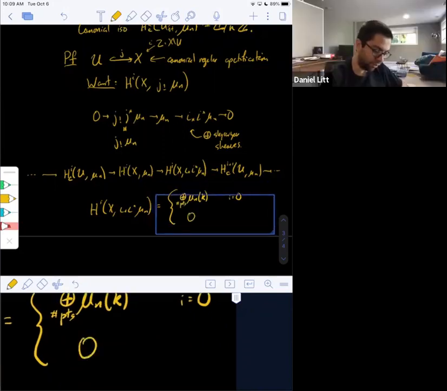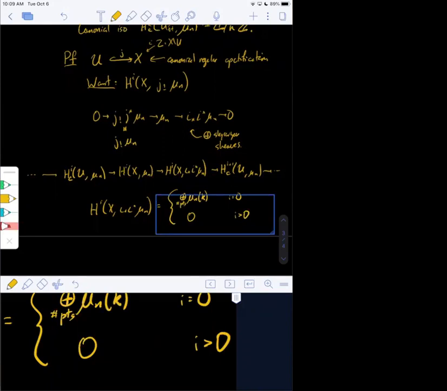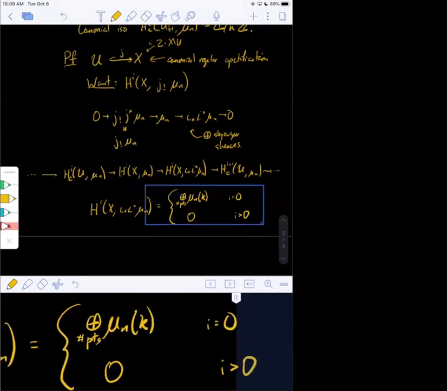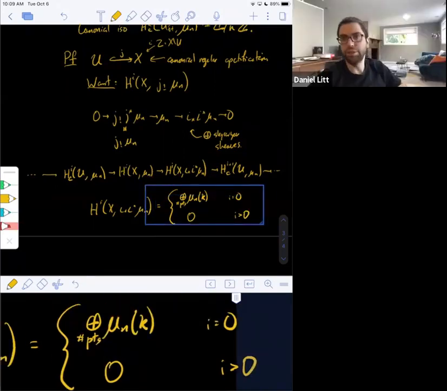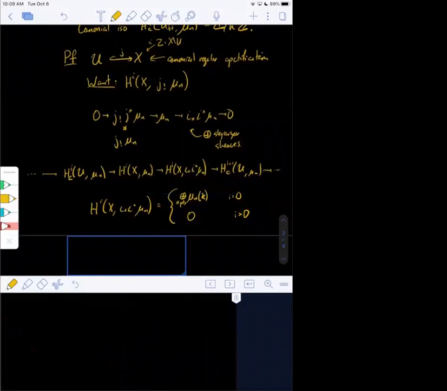And it's 0 for i bigger than 0. Can you say how you see that? Just for 0, it has to be global sections. Yeah, so for 0 it's global sections, so you have a direct sum of skyscraper sheaves, great. And I was just thinking for H^1, at least you can argue that there's no non-trivial extensions.